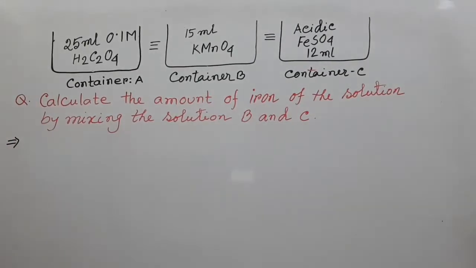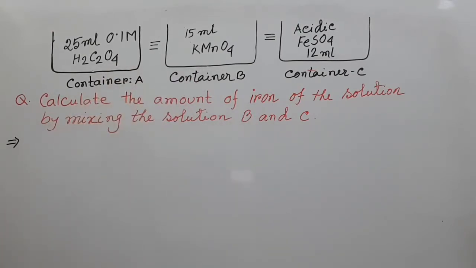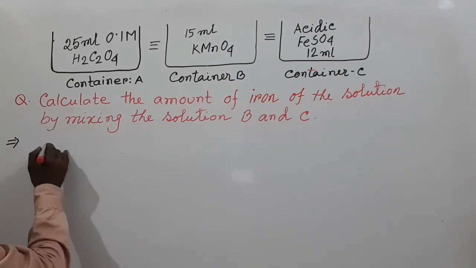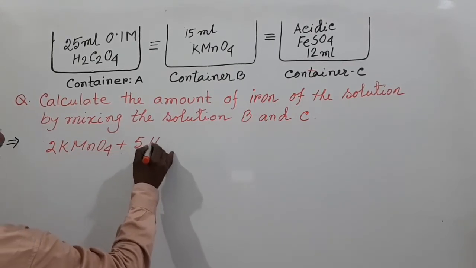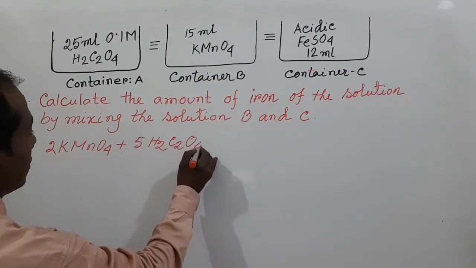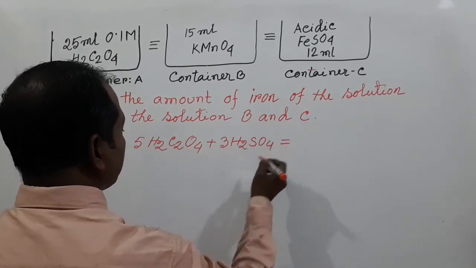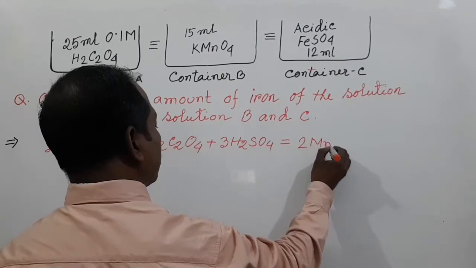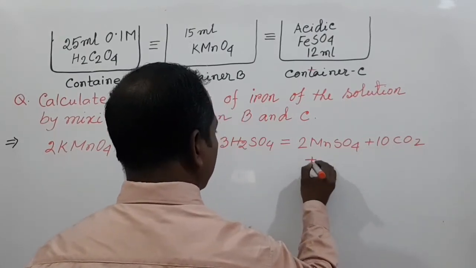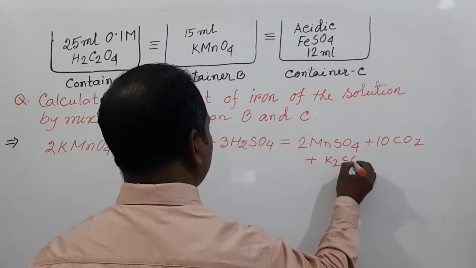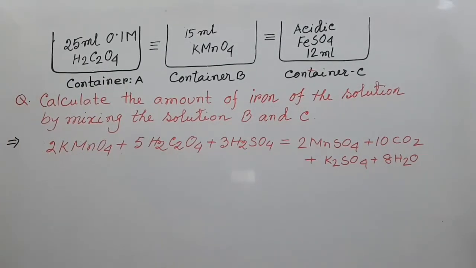My dear students, in an acidic medium, the reaction between oxalic acid and potassium permanganate is 2KMnO4 + 5H2C2O4 + 3H2SO4 = 2MnSO4 + 10CO2 + K2SO4 + 8H2O.